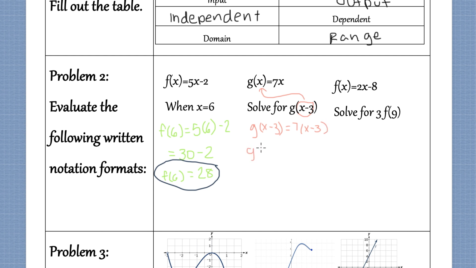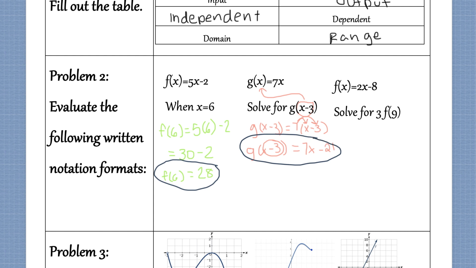So g of x minus 3 is going to be equal to 7 times x minus 3. And so we're going to distribute this 7 times x, and then 7 times -3 is -21. So 7x minus 21. And so this would be our answer.